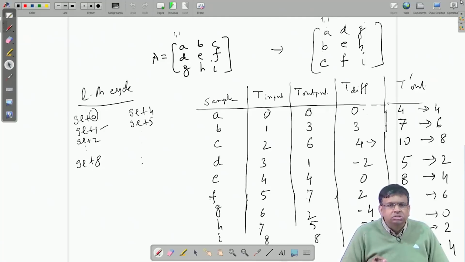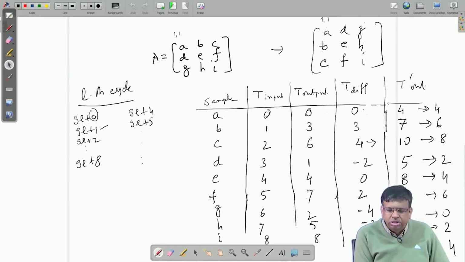In the first of them, which is 9L plus 0, the reader is positioned at the 1 comma 1 position of the matrix and it reads A. The writer is also simultaneously positioned in the matrix which is to be filled, currently empty, at the 1 comma 1 location, and they are synchronized, they move together.